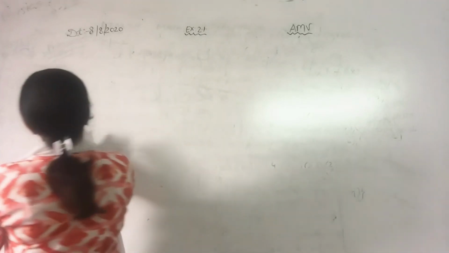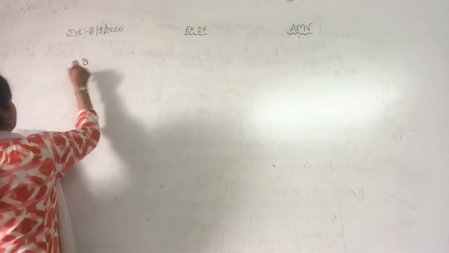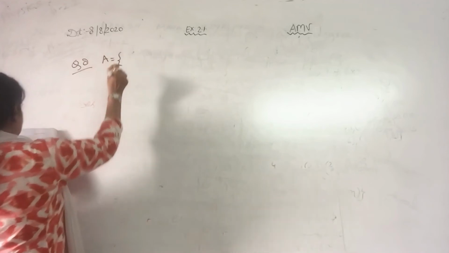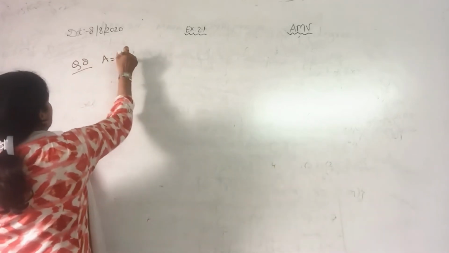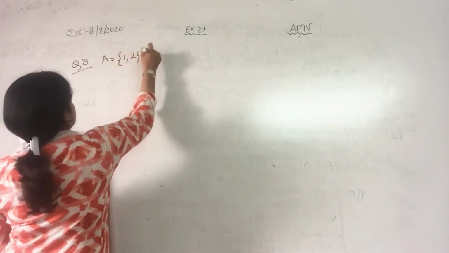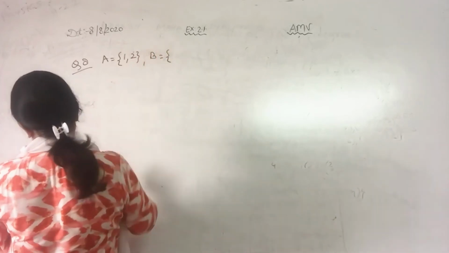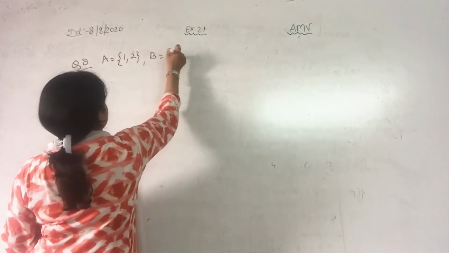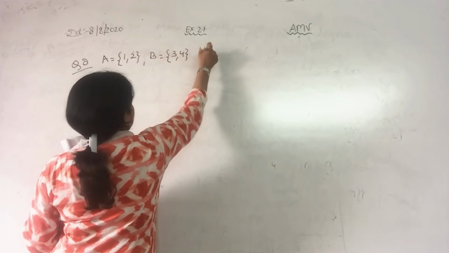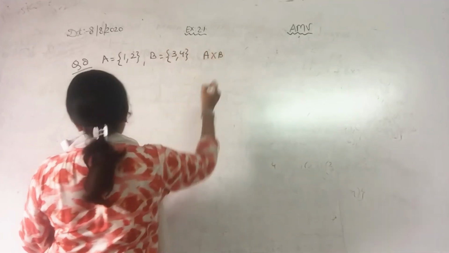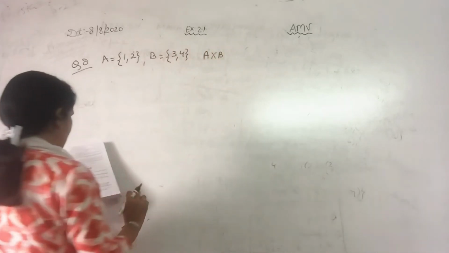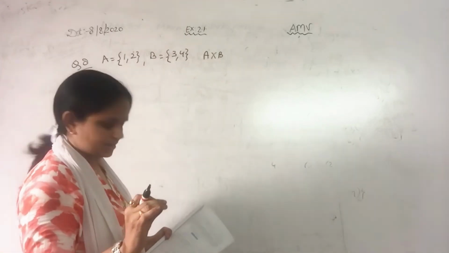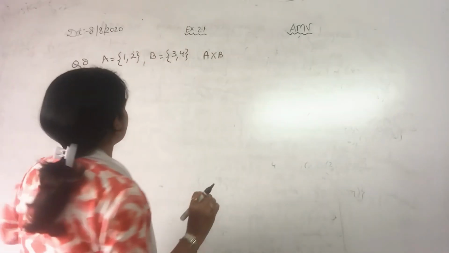Now, question number 8. Here A is given, it's {1, 2}. Okay, B is also given, it's {3, 4}. Then we have to find Cartesian product AB, and how many subsets will Cartesian product AB have.